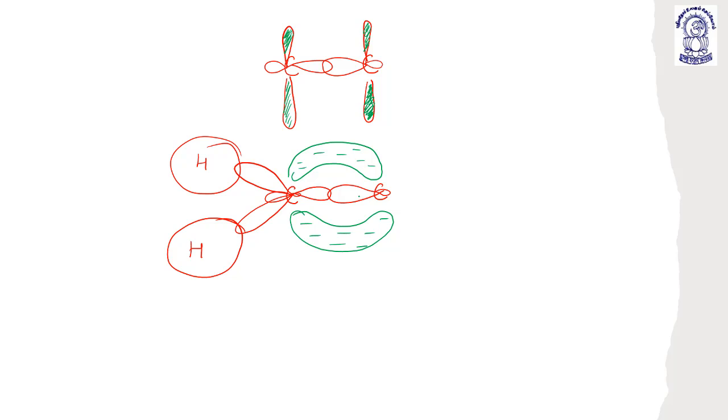As the electron density is more above and below the plane, the attacking reagent will attack either above the plane or below the plane.